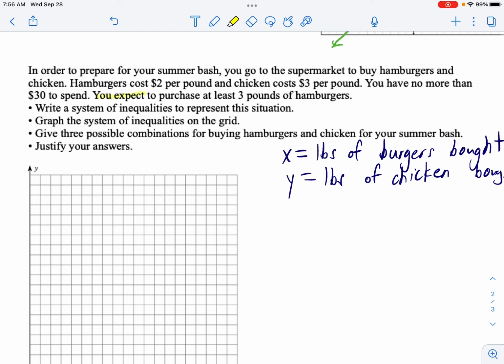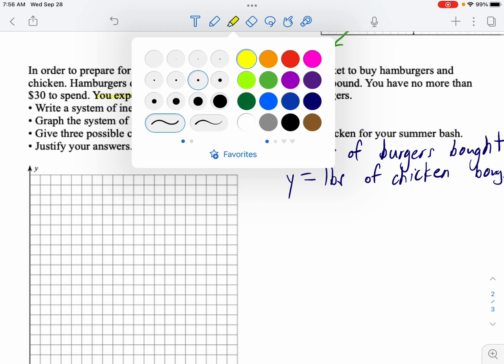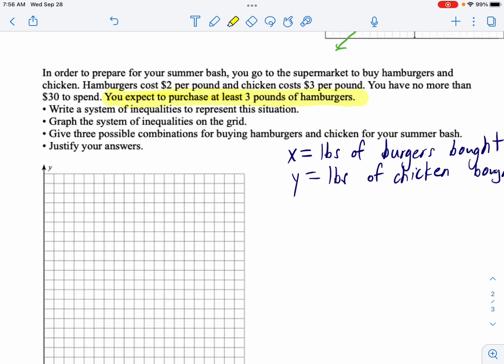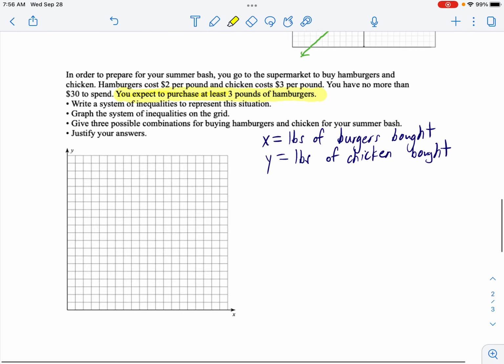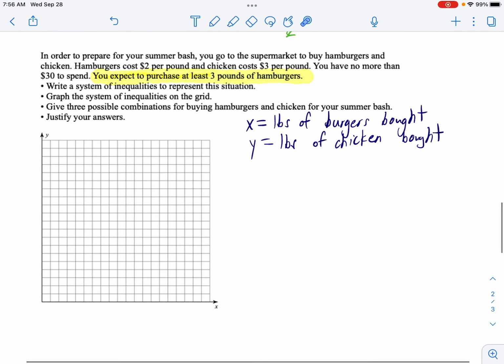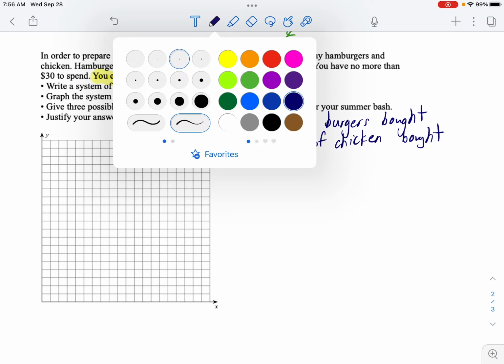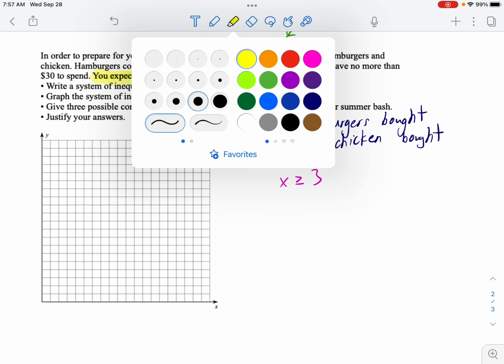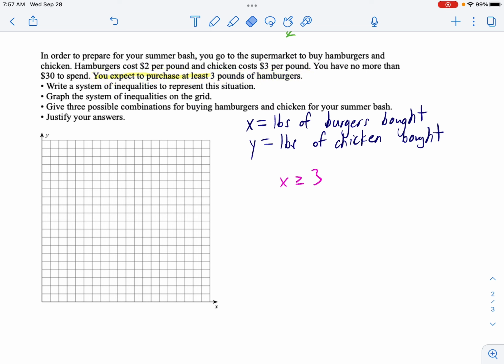One is you expect to purchase, let me make my highlighter a little bigger, at least 3 pounds of hamburgers, okay? All right, so what's that going to mean? It means the number of pounds of hamburgers I buy has to be at least 3. It has to be greater than or equal to 3. So X is greater than or equal to 3 is what I get from this, okay? Let me highlight that in pink just so you guys can remember.